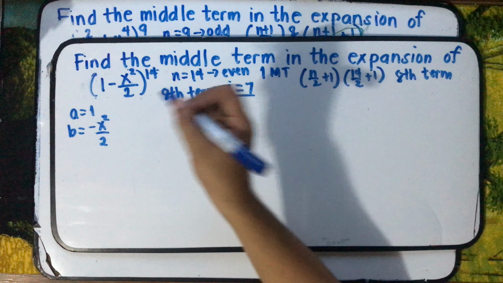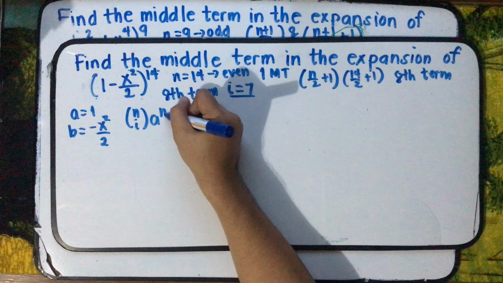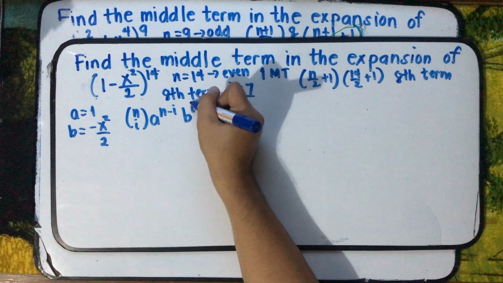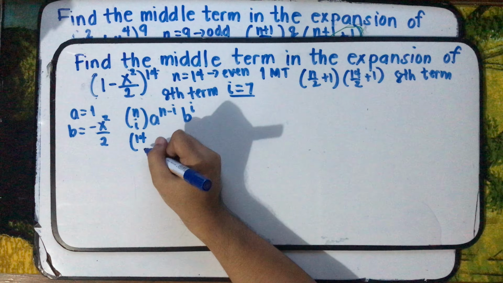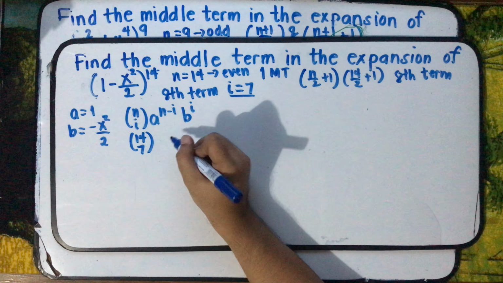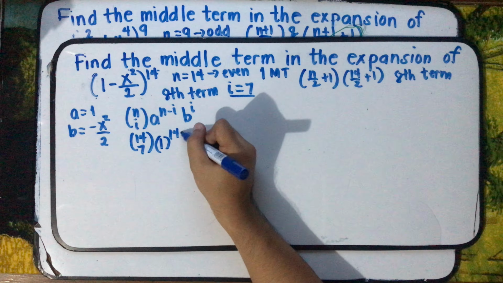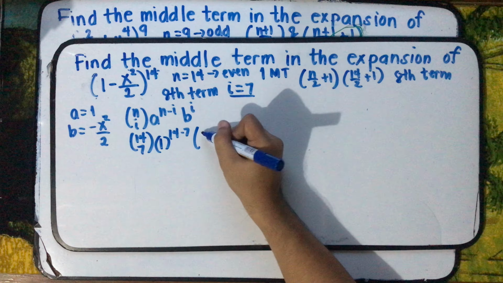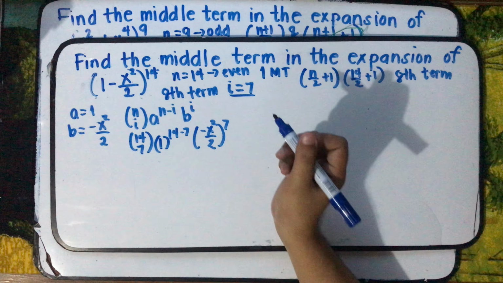In this case, we now use the formula n combination i times a raised to n minus i, b raised to i, where n is equal to 14 and i is equal to 7. Therefore, that is 14 combination 7, where a is 1, raised to 14 minus 7, and b is negative x squared over 2 raised to 7.